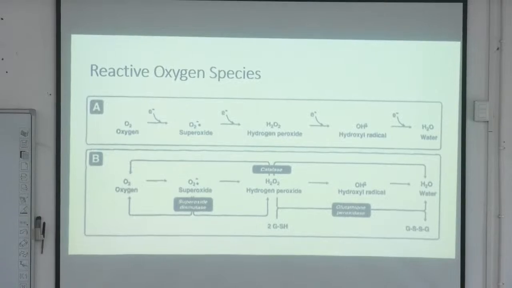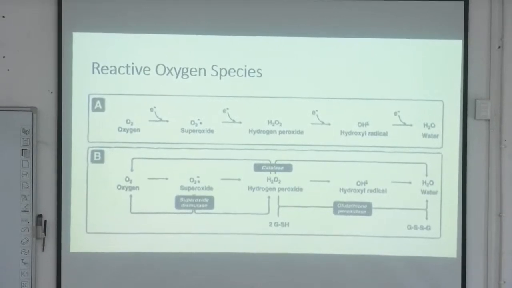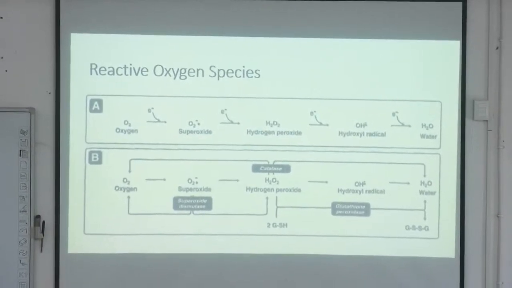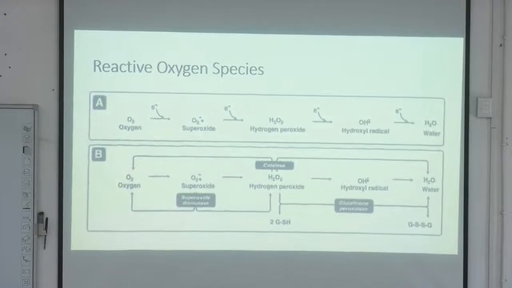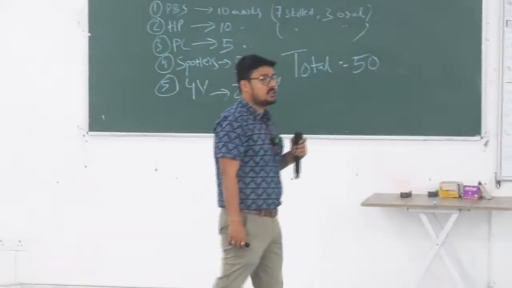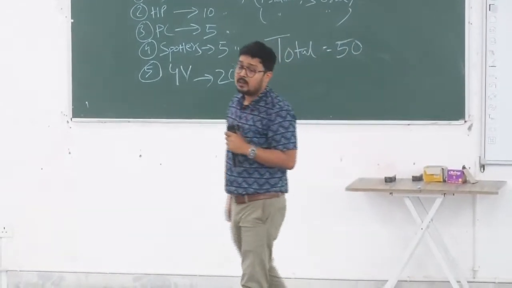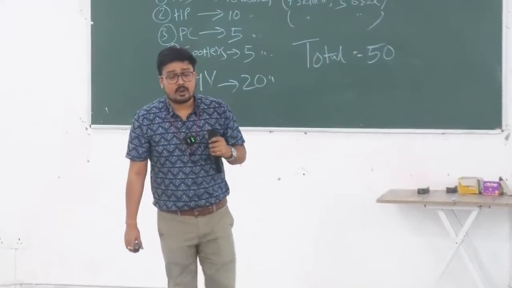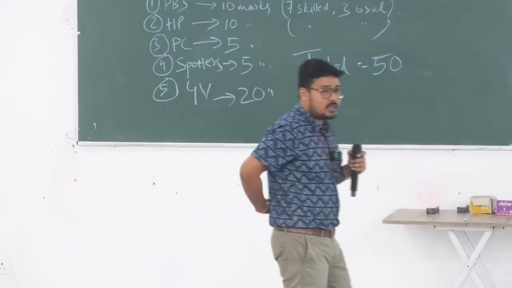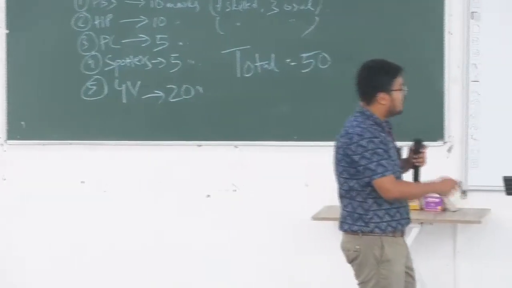They initiate cell damage. The natural antioxidant mechanism in our body, the scavenger system, helps in eliminating these reactive oxygen species. There are a few enzymes. What are the important enzymes?